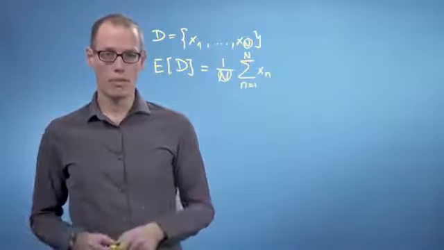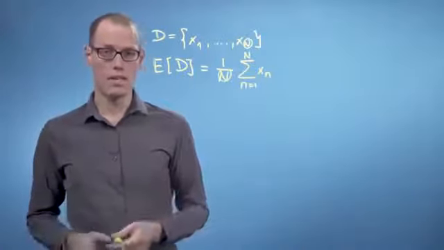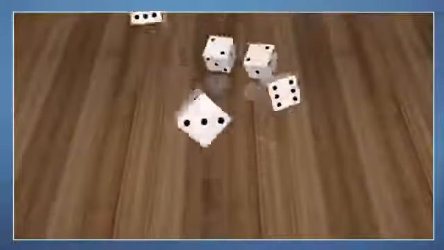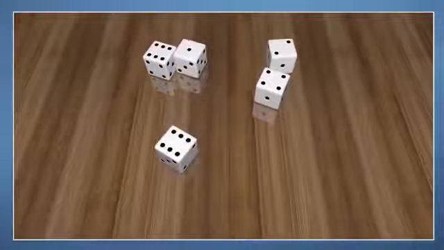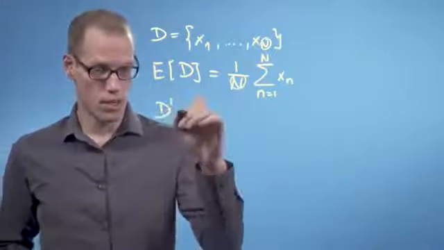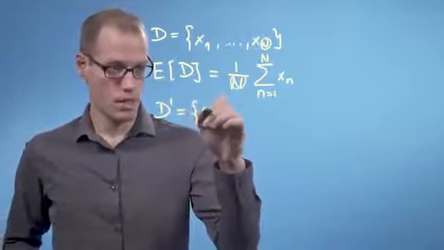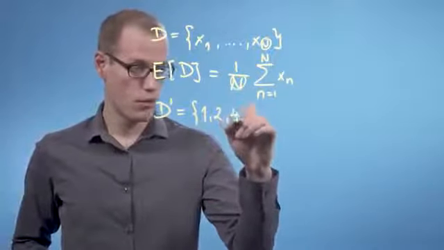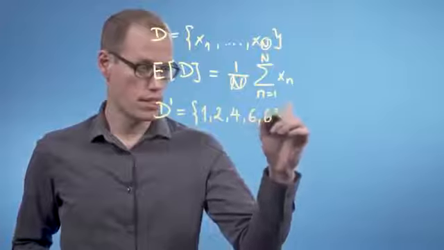Let's look at an example. I create a dataset consisting of the 5 numbers that I get when I roll 5 dice. We got 1, 2, 4, 6, and 6. So let's write this down. We're going to call this D prime, which is 1, 2, 4, 6, and 6.